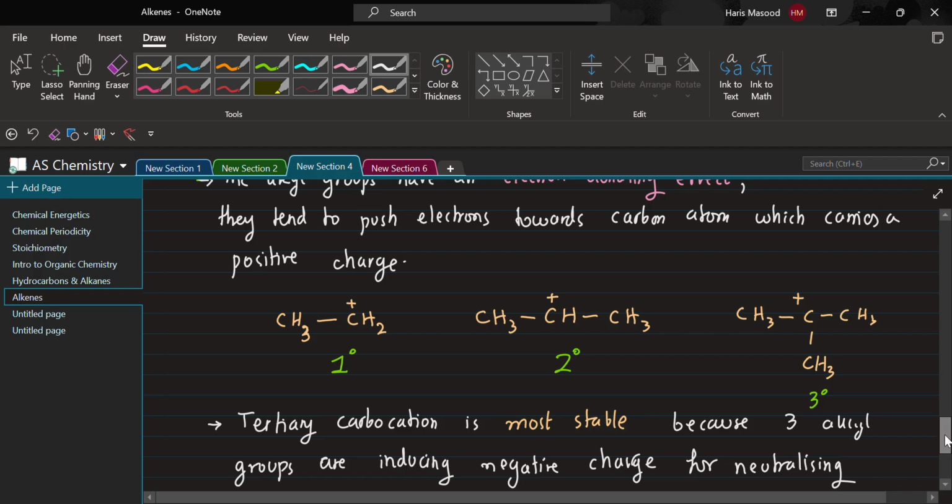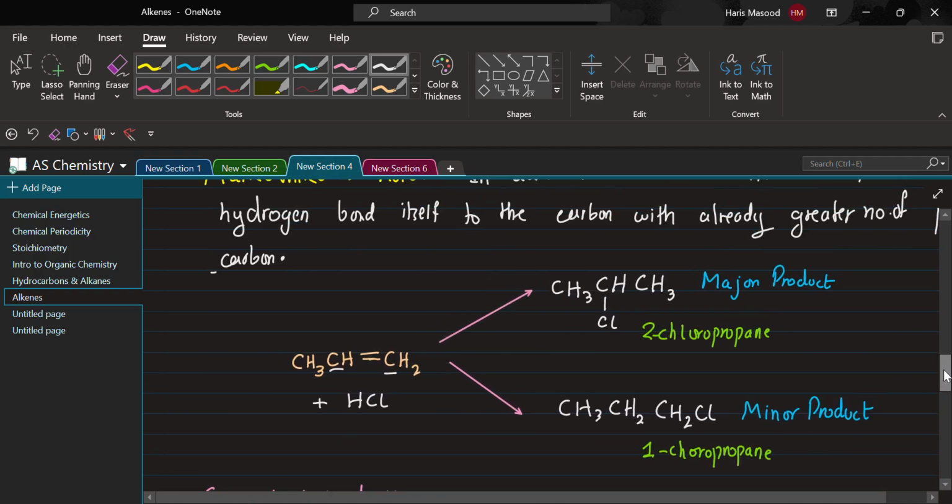When we did the example above, the major product was a secondary halogenoalkane, because the carbon which has chlorine attached to it only has one hydrogen. It is a secondary, so basically this was a secondary carbocation.